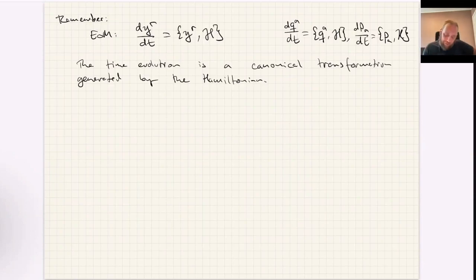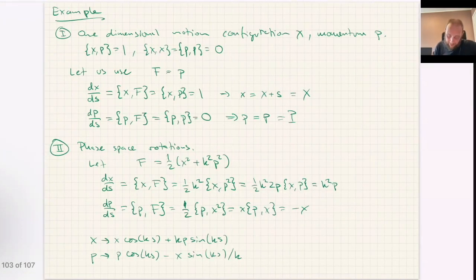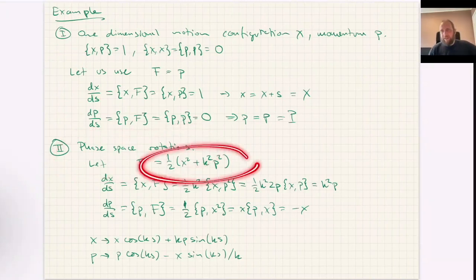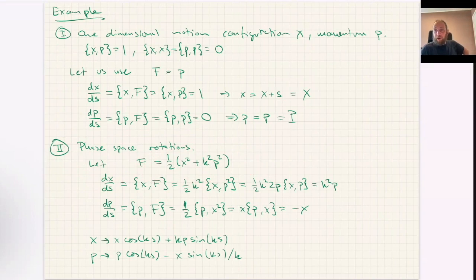So for example, if we look back here at the phase space rotations, this looks terribly much like the Hamiltonian for a harmonic oscillator. And indeed, what you have in the case of a harmonic oscillator is just something that oscillates harmonically. We have a cosine term and a sine term for both the position and the canonical momentum.